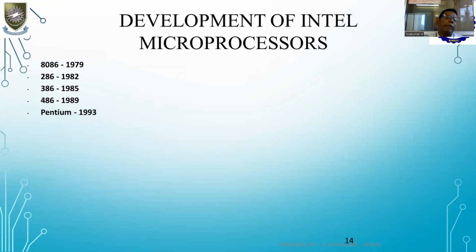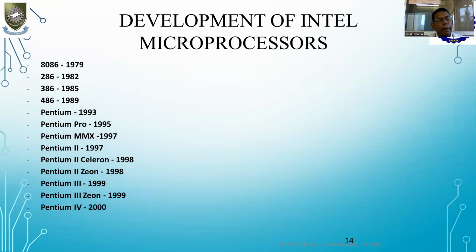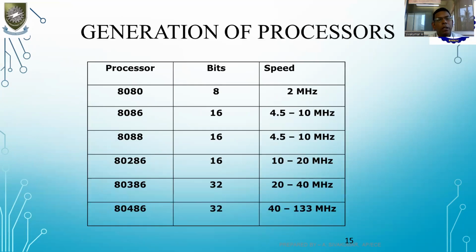Then the Pentium Pro in 1995, Pentium MMX in 1997, Pentium 2 in 1997, Pentium 2 Celeron in 1998, Pentium 2 Xeon in 1998, Pentium 3 in 1999, Pentium 3 Xeon in 1999, Pentium 4 in 2000, and Pentium 4 Xeon in 2000.